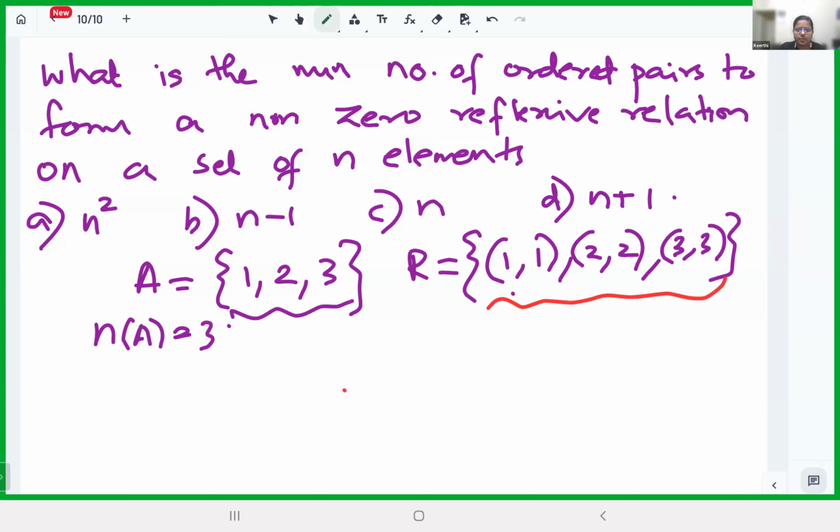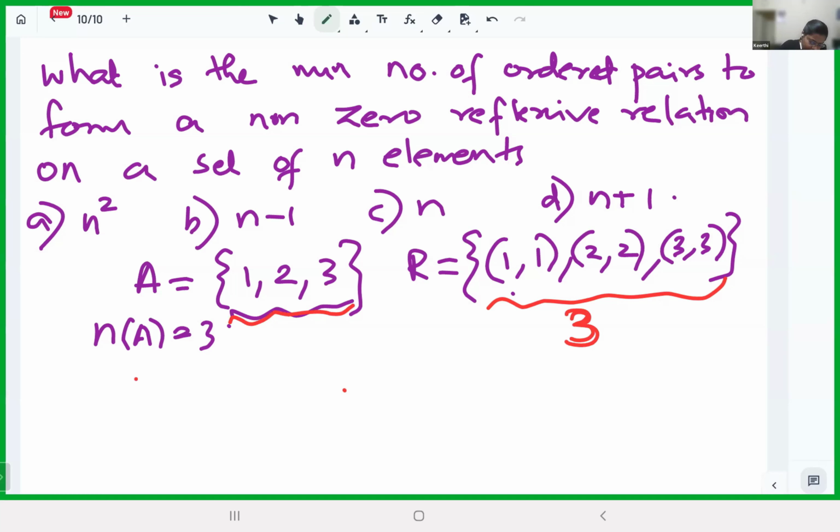Then only it will become reflexive. So the minimum number of ordered pairs to form a non-zero reflexive relation is nothing but 3. If a set contains 3 elements, it should contain at least 3 ordered pairs, then only it will become a reflexive relation, right?